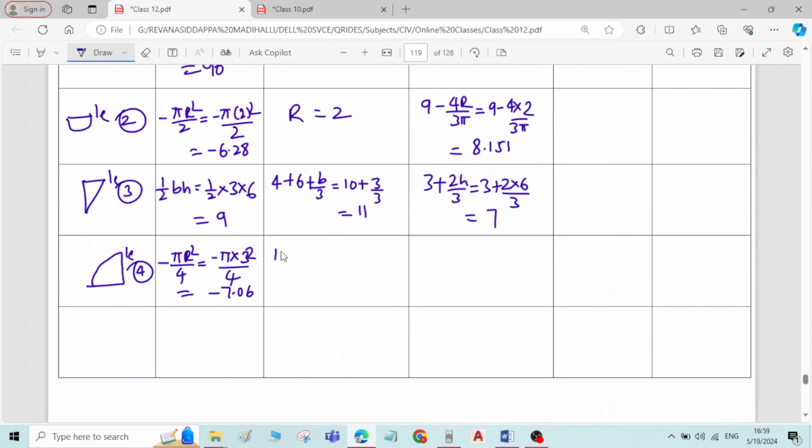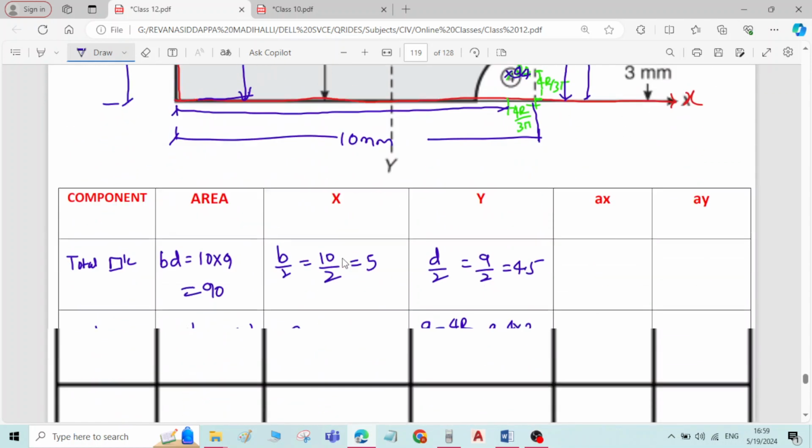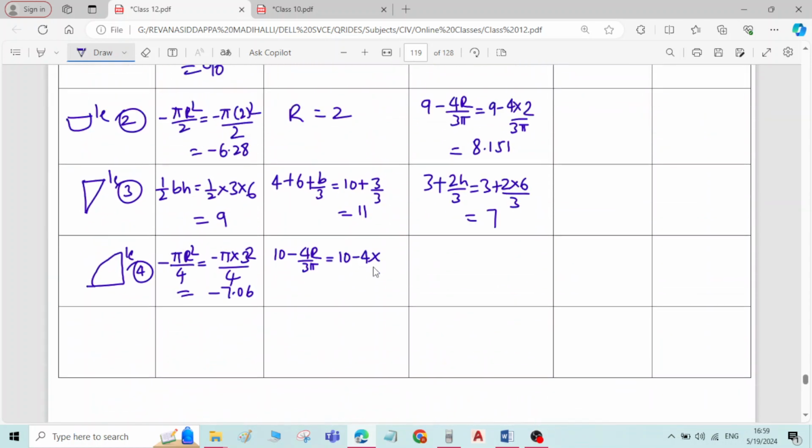So 10 minus 4r by 3 pi is equal to 10 minus 4 into radius 3 mm by 3 pi. The answer is 8.72 millimeter.